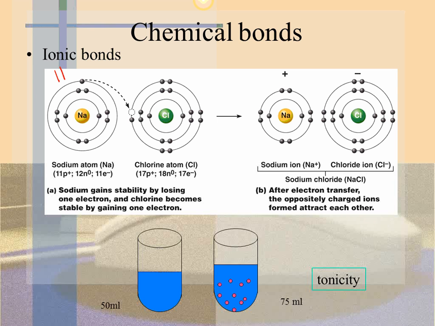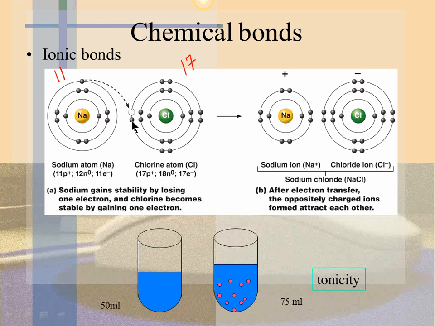And look at chlorine. It has 2 and then 8, so 10, and then it has 7 in the outer one. So this is 17. Now if sodium were to give 1 electron to chlorine, what would happen? Then its outer orbital would have 8 and it would be stable. And if chlorine were to get that 1, it would have 8 in its third orbital. It would become stable.